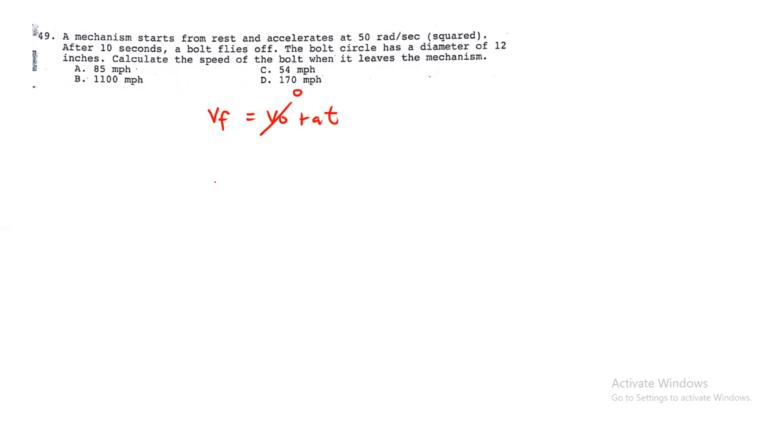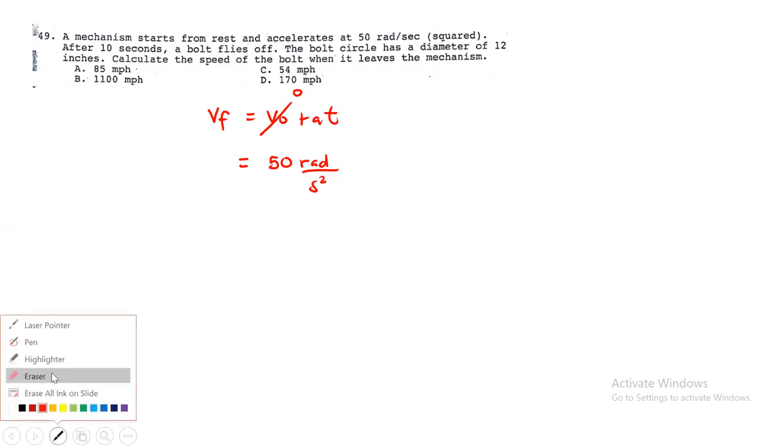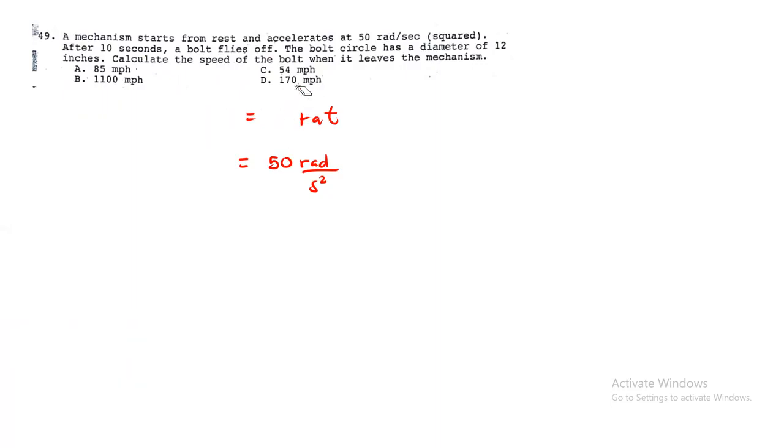So, acceleration times time. So ilan yung acceleration natin? 50 rads per second squared. So ibig sabihin pala, yung double. So ang formula natin, hindi pala ganyan. Dapat yan to.